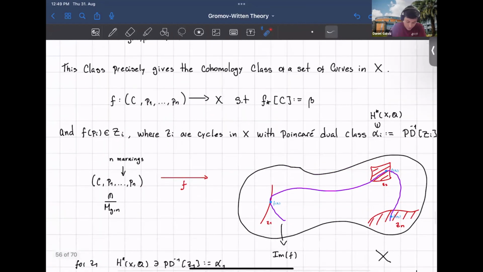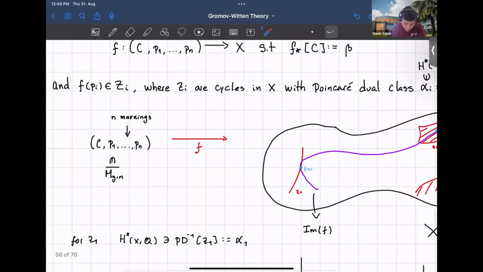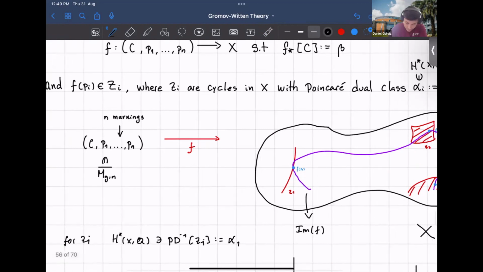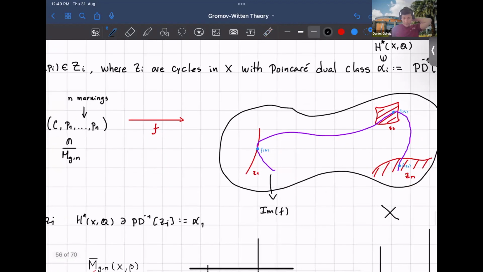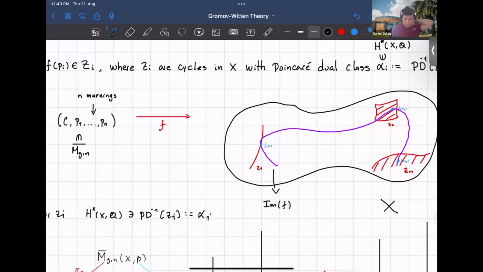So for C1, if you have one cycle, for example, let me put C_i to be more general. The Poincare dual, the alpha, lives in the cohomology class of X over the rational numbers, and this is what we denote as alpha_i.